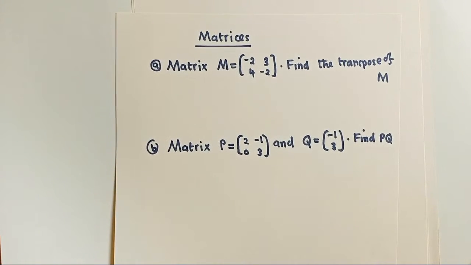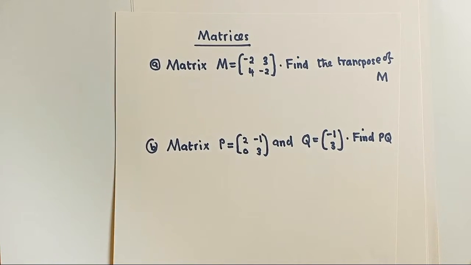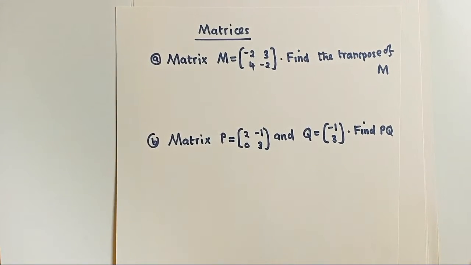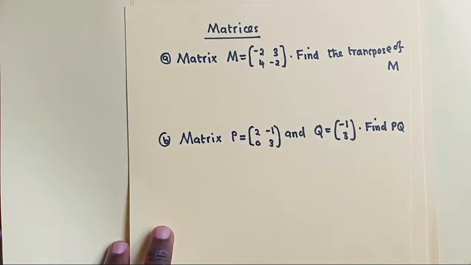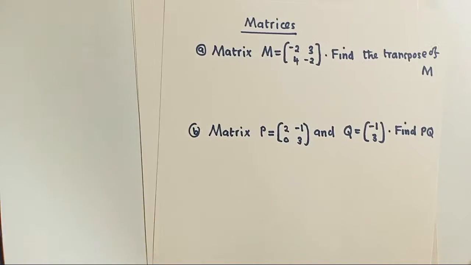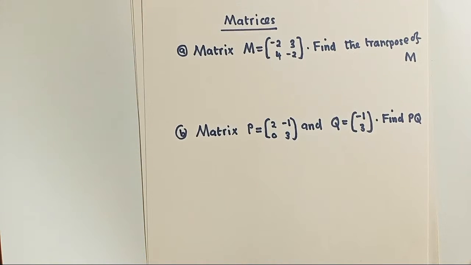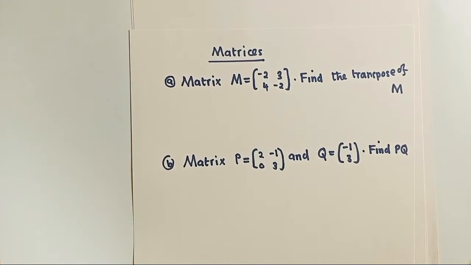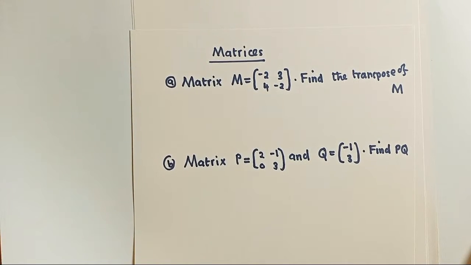Get your pen, paper, try to work it out such that when I post a solution, you compare if you are getting the same answer. So try to work out that one quickly. We need to cover as many questions as we can.